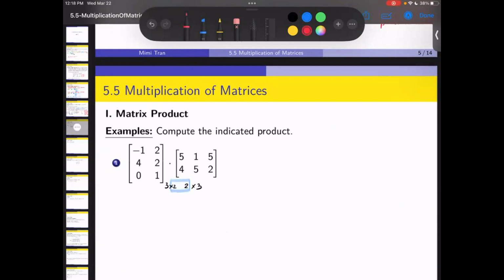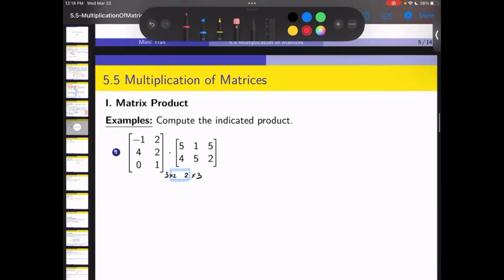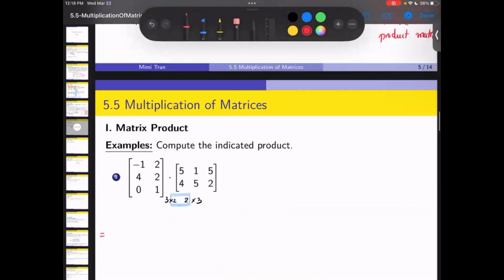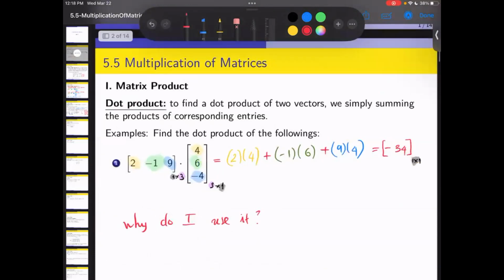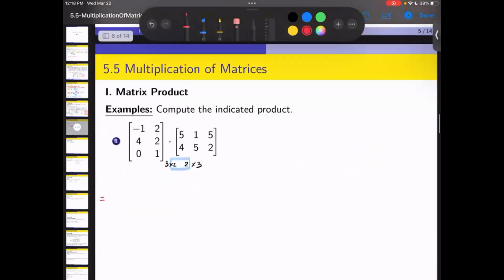The procedure is this. It's the dot product. Let me recall, the dot product is what? You take row times column, right? Always start out with row times column: a row in the first matrix times a column in the second matrix.